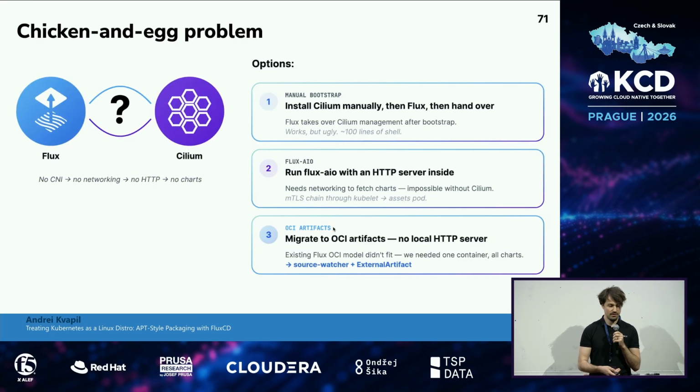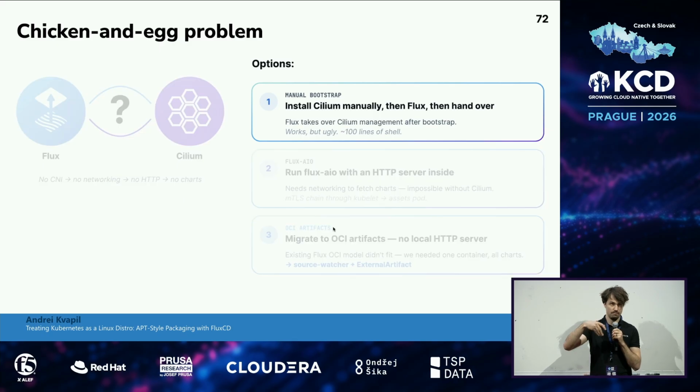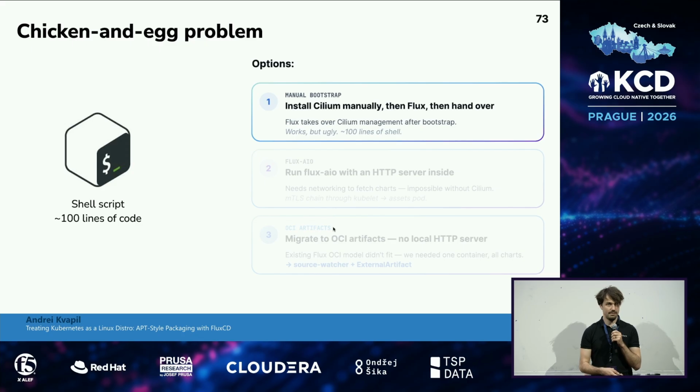The first option was to install Cilium manually, then hand over the management of this Cilium Helm chart to FluxCD. That was working for some time. Actually, one small script of 100 lines of code was responsible for this. But it wasn't working very well, so we decided to solve this.